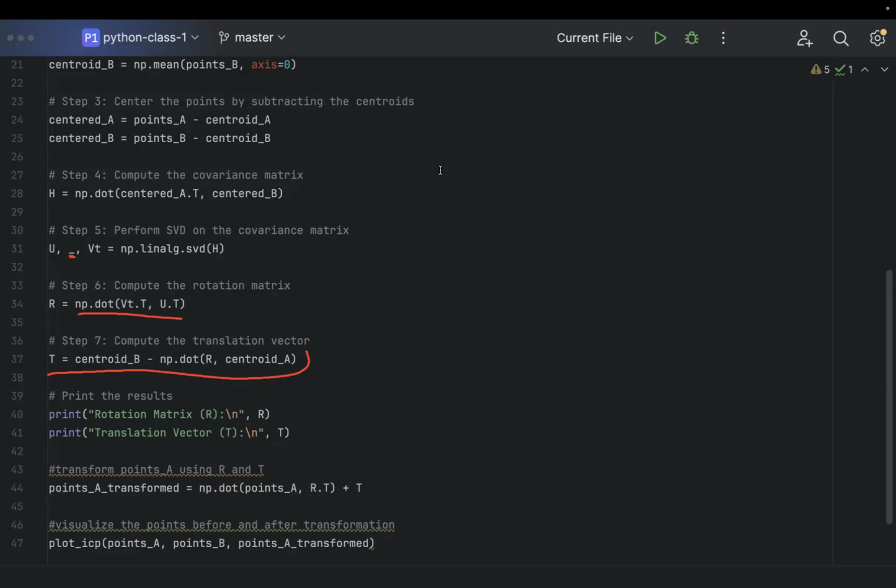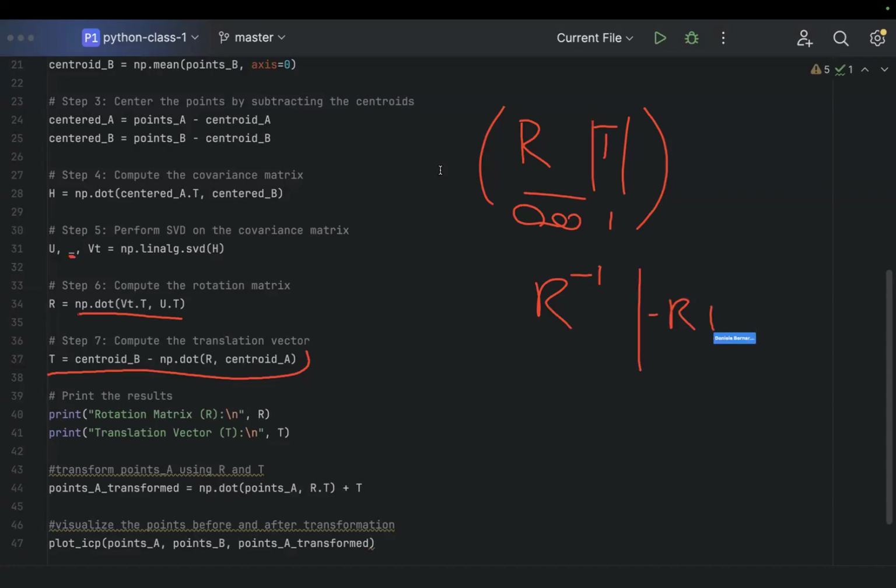If you invert a rotation-translation matrix, which is basically this object with R as a 3 by 3 block and one column, and then 0, 0, 0, 1, you get R inverse, and then, if I remember correctly, minus R inverse t, 0, 0, 0, 1. Okay, so this is basically what you're seeing here. And on one side, since you are going in the inverse direction, you have to use minus R t. Okay. So this is the translation vector. And well, then I can print the result and plot it.